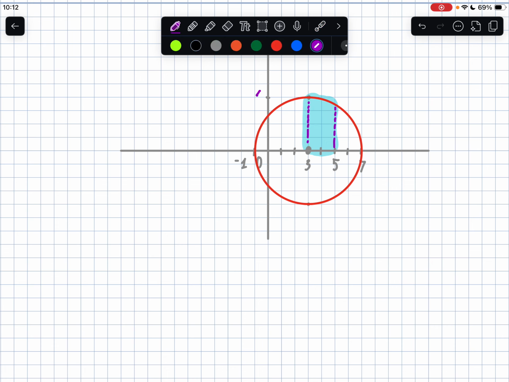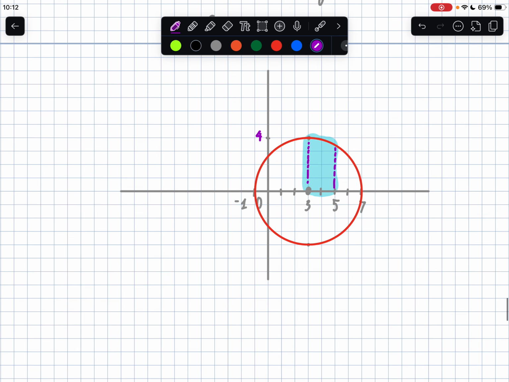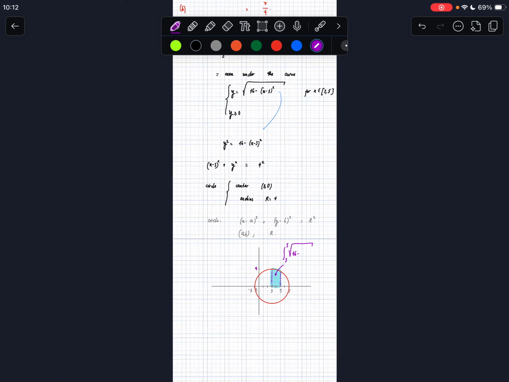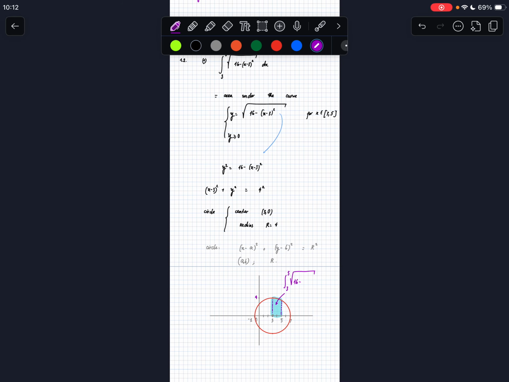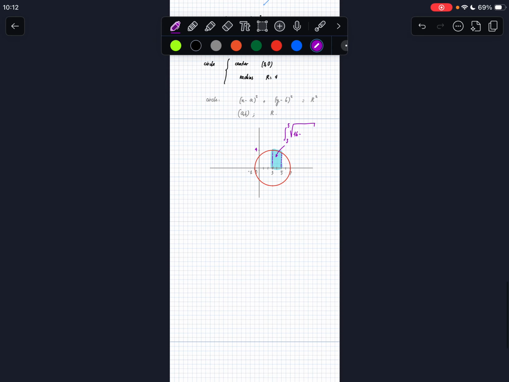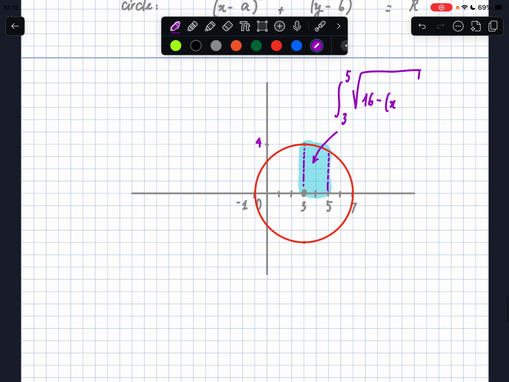We need to compute the area of this region. The radius is 4, I put 4 here. The area under this curve is the integral from 3 to 5 of the square root of 16 minus (x minus 3) squared dx.